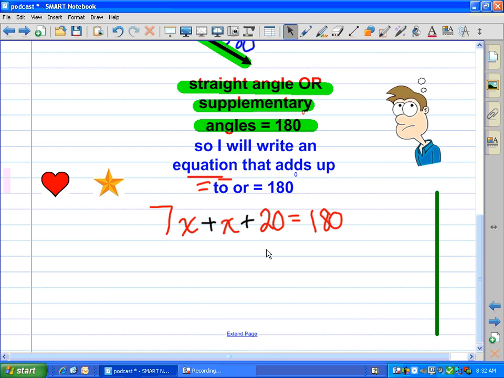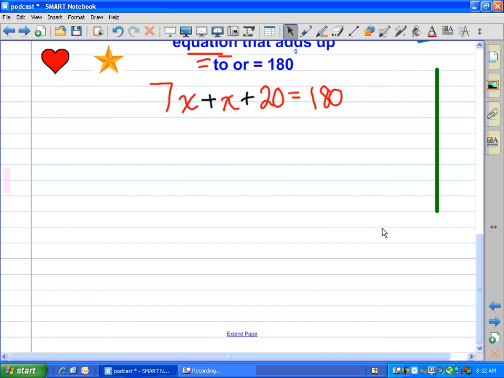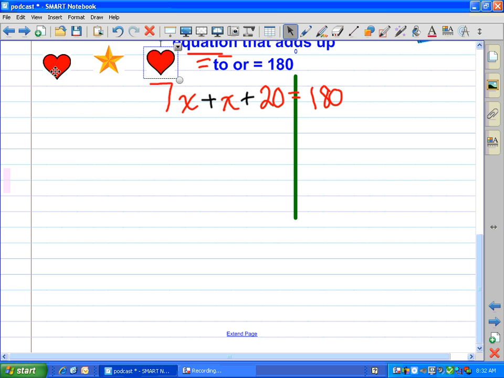All right, now I'm going to do hearts and stars, or combining like terms. Your choice. You can either put the stars together first or the hearts together first.